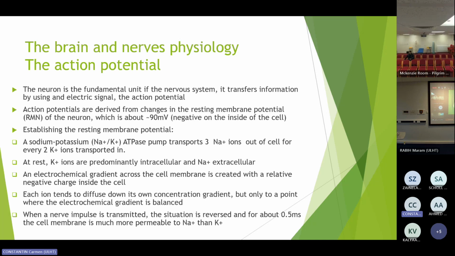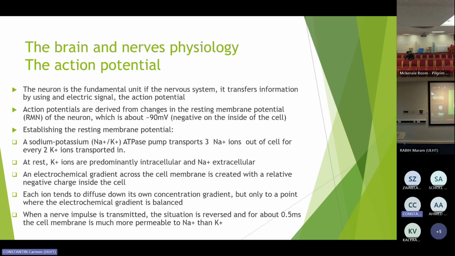Action potentials are derived from changes in the resting membrane potential of the neuron, which is about negative 90 millivolts on the inside of the cell. This is something that we have to remember. This is how we can understand cerebral edema, by understanding this level of pathophysiology, and the reaction after an infarct or a hemorrhage within the brain tissue.